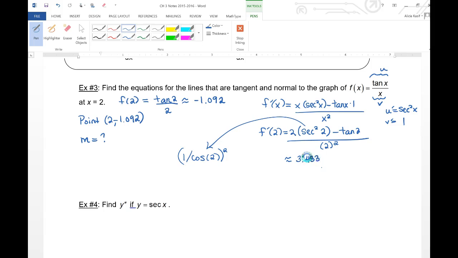I have a question though. If the derivative of tan x is secant squared x, what if we change tan x to secant squared x? See here, we have tan x.